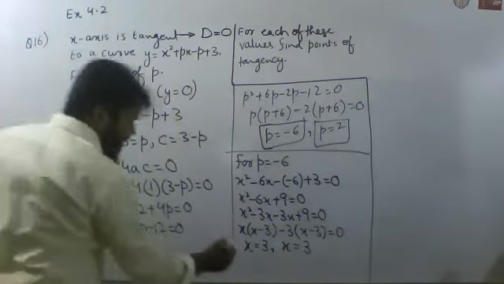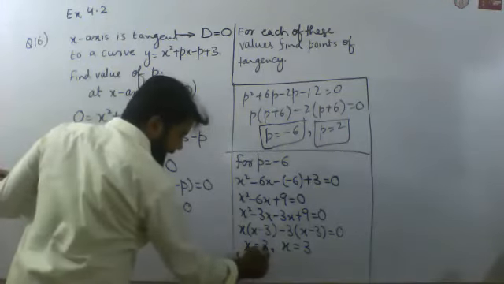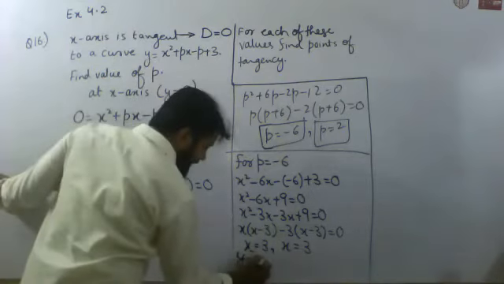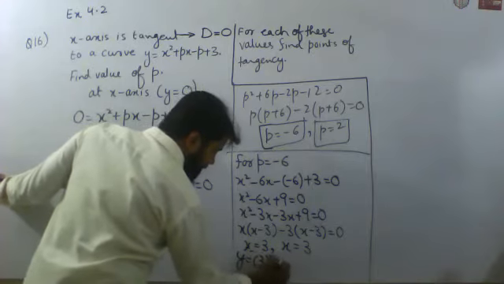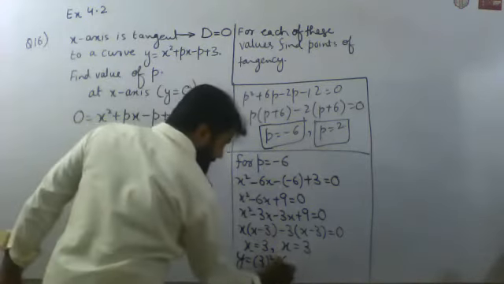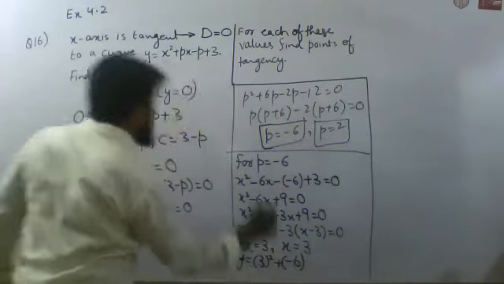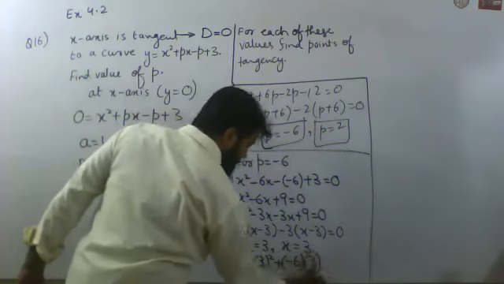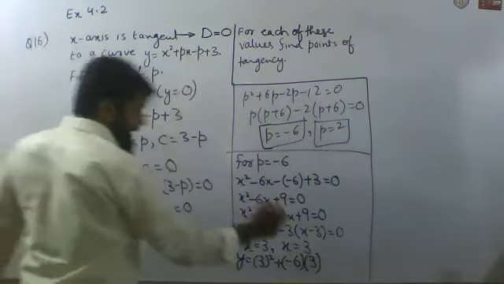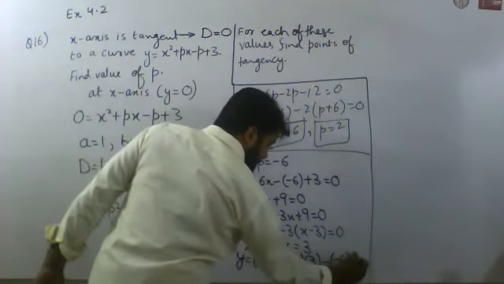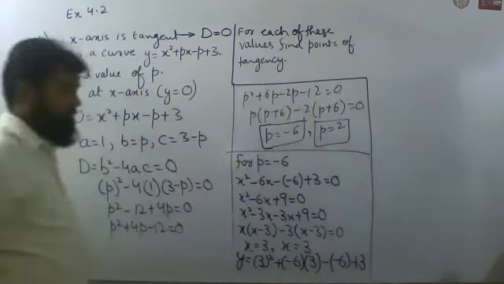So see, y equals, x is repeated, 3 square, p was minus 6, again x is 3, p is again minus 6, plus 3.